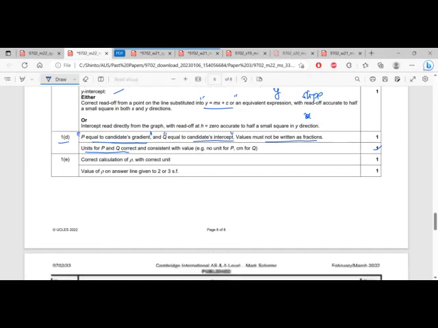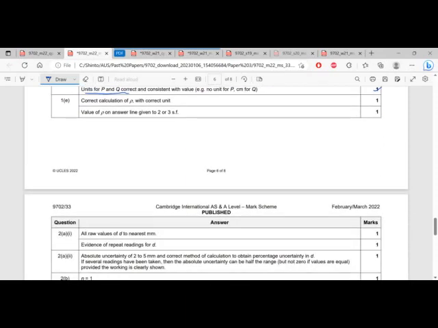Now, the final calculation carries 1 or 2 marks, and it should be given to the correct number of significant figures. That concludes this video, and in the second part we will see the possible errors that you can make in question 2 and how we can rectify those errors.